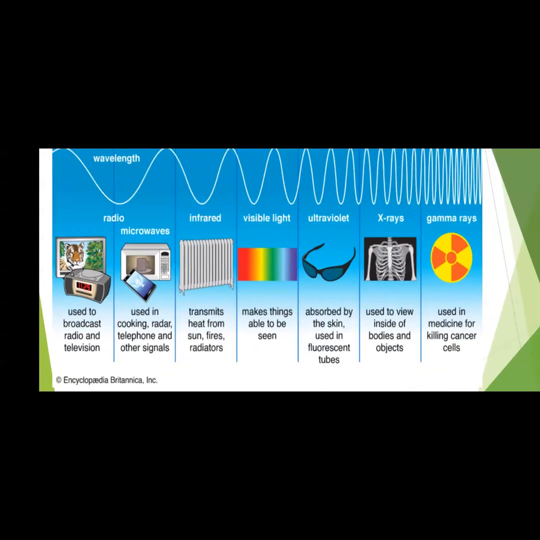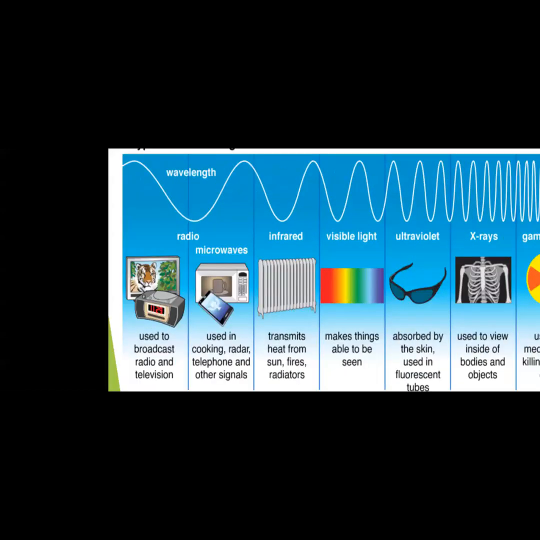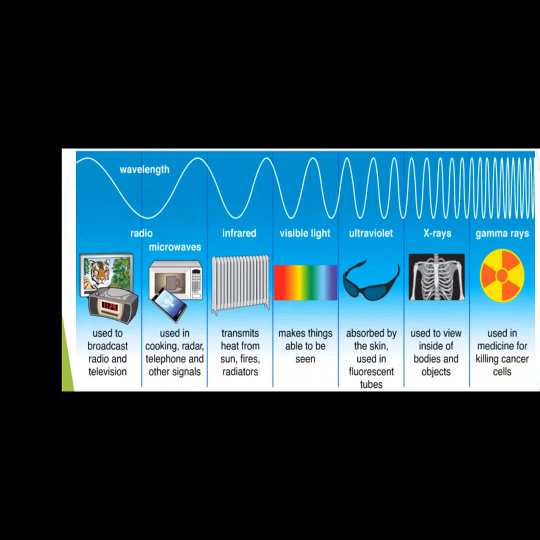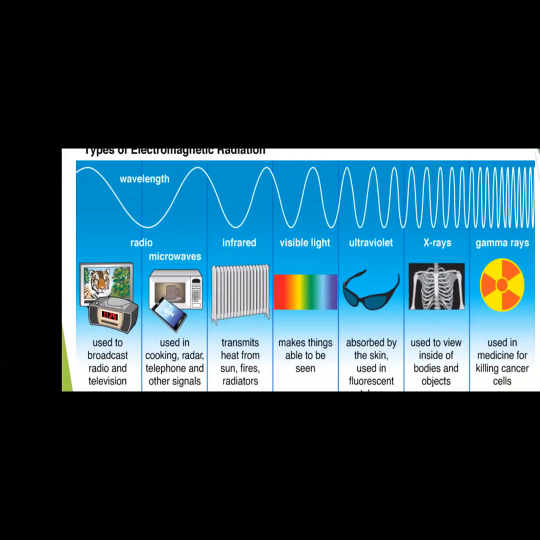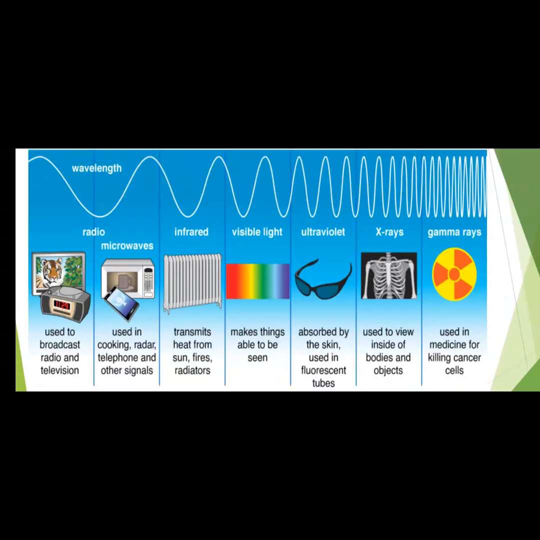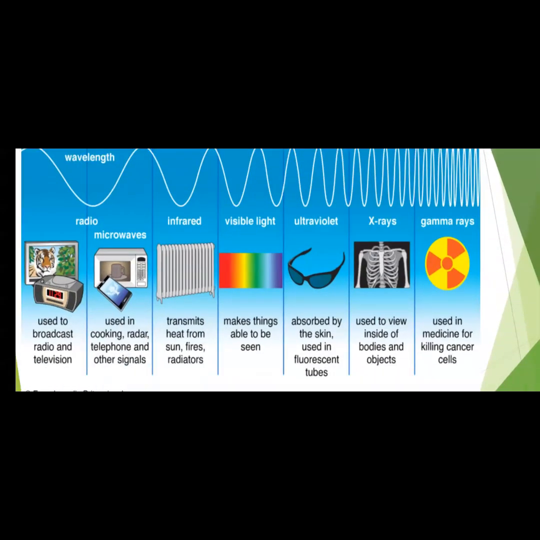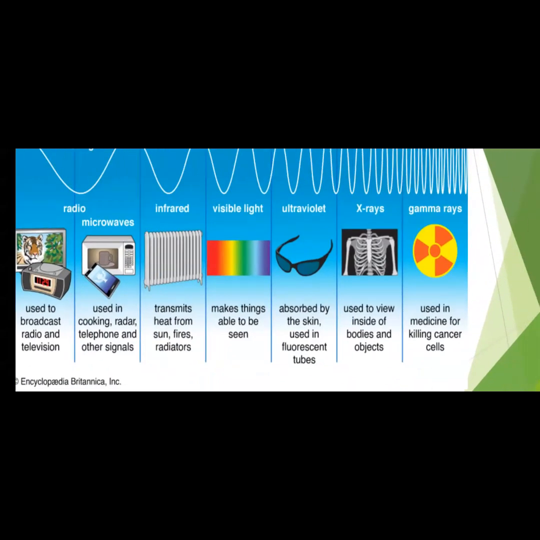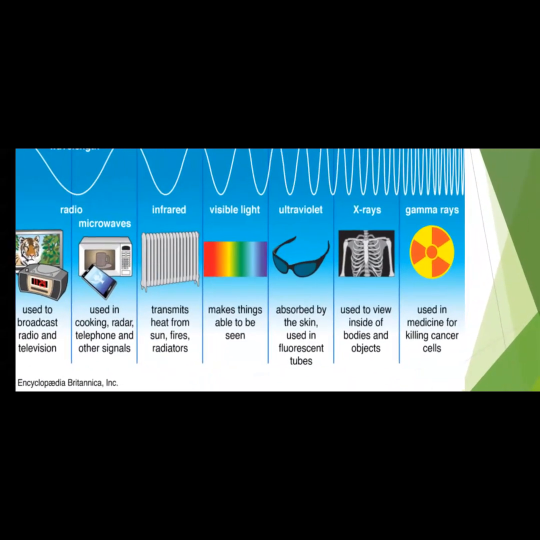The radio waves are used to broadcast radio and television. Microwaves are used in cooking, radar, telephone, and other signals. So our telephones are using microwaves, and the microwave ovens which we use in our houses also use microwaves.